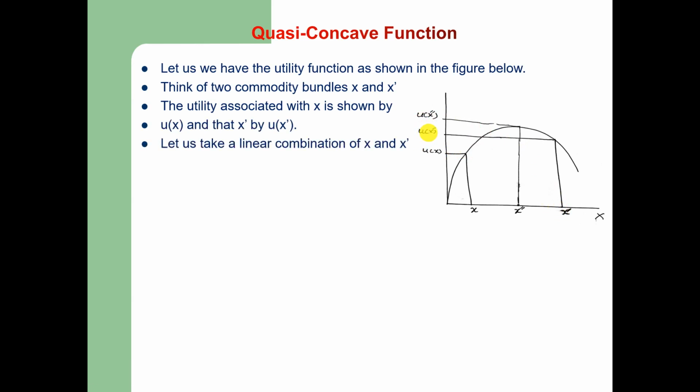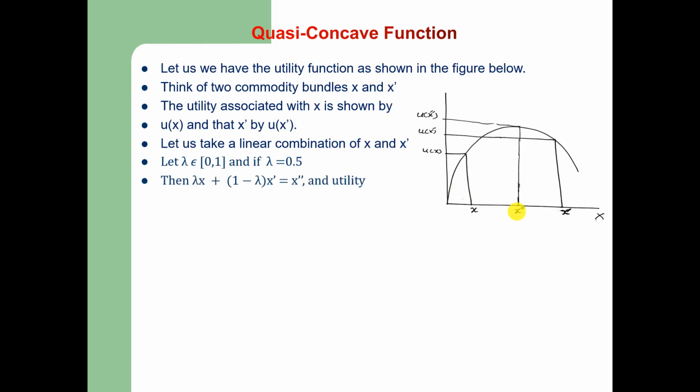And let us take a linear combination of x and x prime. If lambda is 0.5, since this is in the interval 0 and 1, then the linear combination of x and x prime will be somewhere in the middle, that is x double prime.